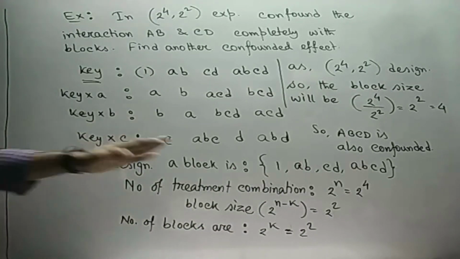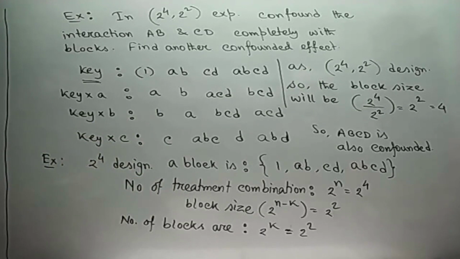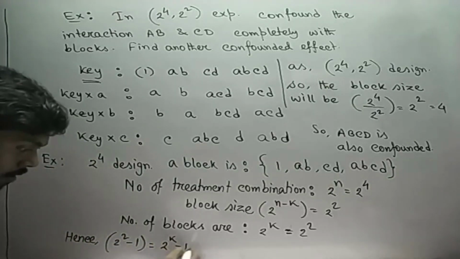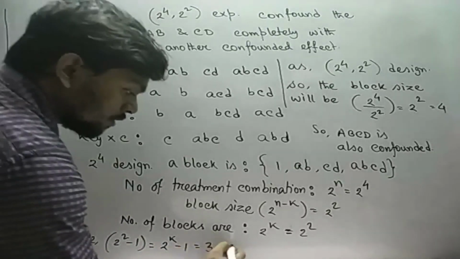So hence the number of confounded effects will be 2 square minus 1, that means 2 to the power k minus 1, which is 3.